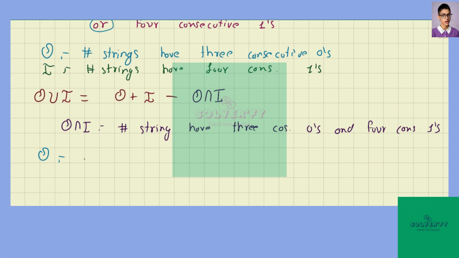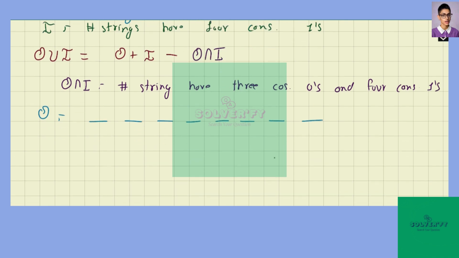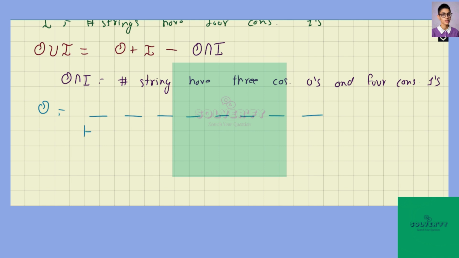So for O, those are the strings of length 8. Remember, 1, 2, 3, 4, 5, 6, 7, 8. So here we have our 8-bit string. The point is that we need to count how many strings have 3 consecutive zeros. Well, we can group this in just one element.